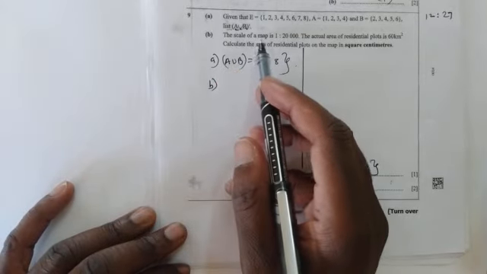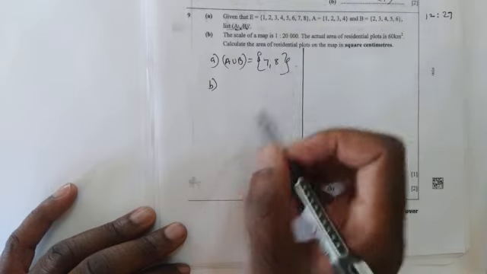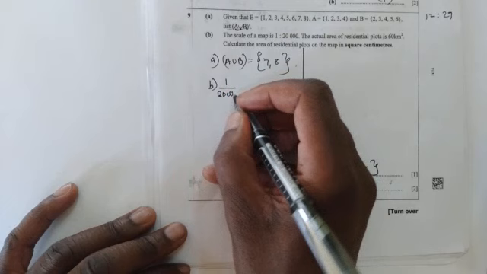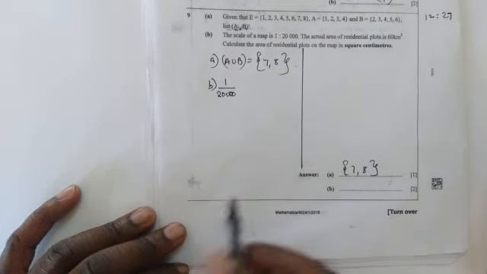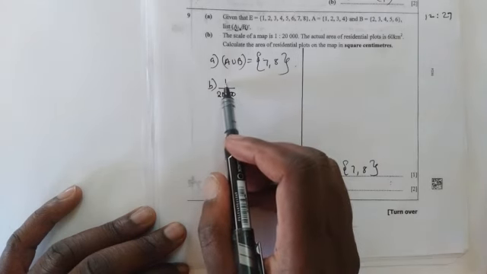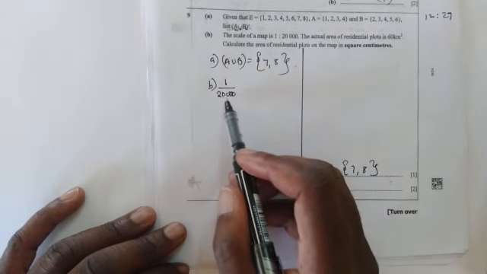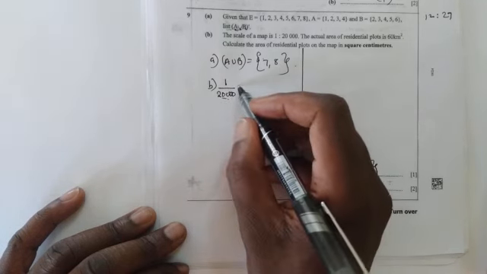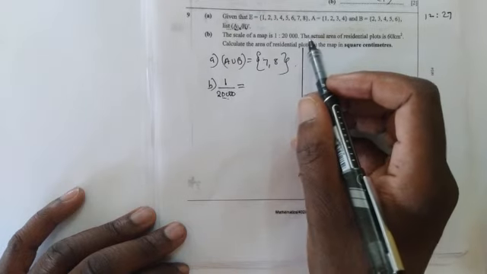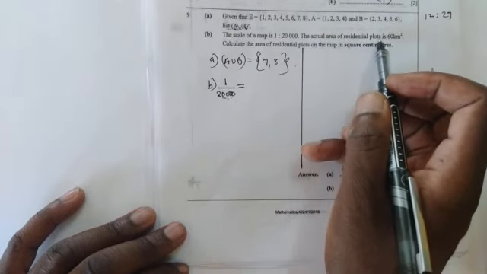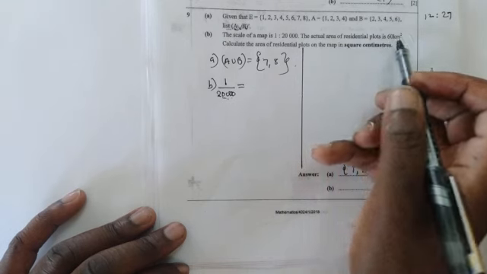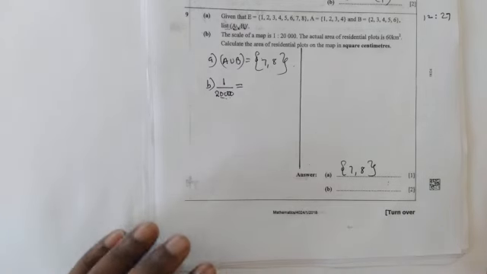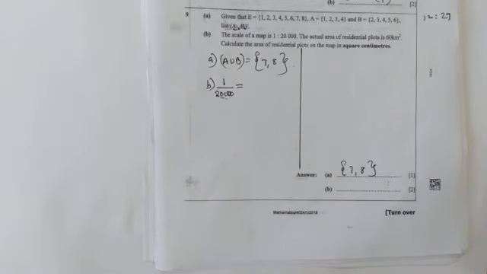B, the scale of a map is 1/20,000. Remember, this is 1 centimeter on the map represents 20,000 centimeters on the ground. That's the interpretation. The actual area of the residential plot is 60 kilometers square. So we need to know that.